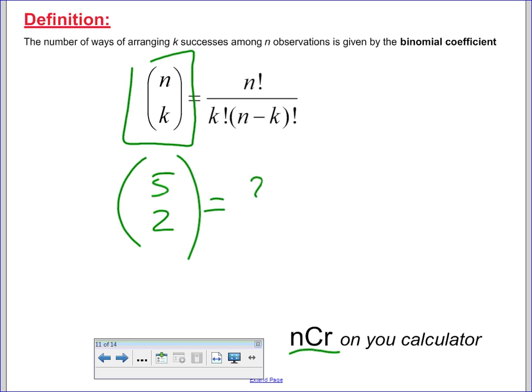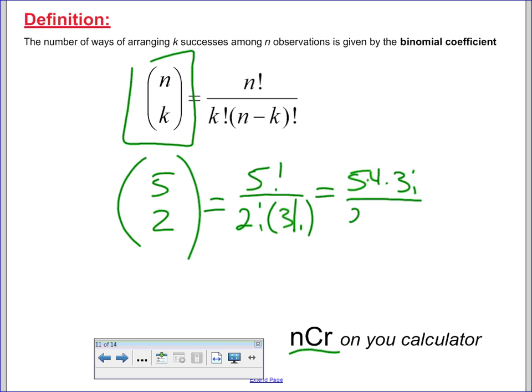So that's 5 factorial over 2 factorial times 3 factorial. And if we want to simplify that, that's 5 times 4 times 3 factorial, over 2 factorial, which is just 2 because it's 2 times 1, times 3 factorial.